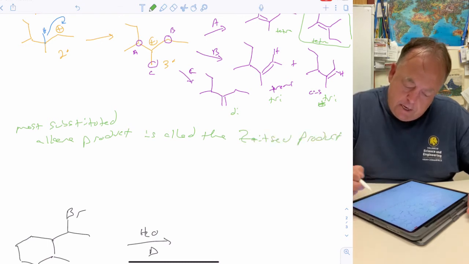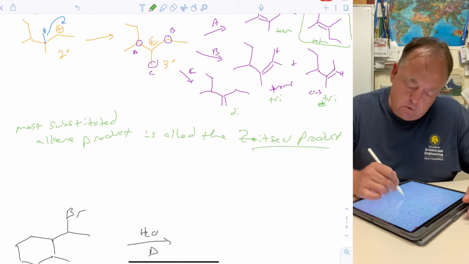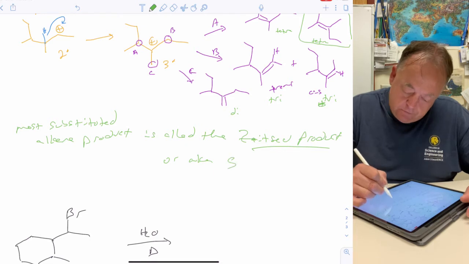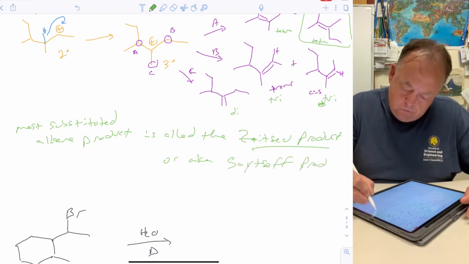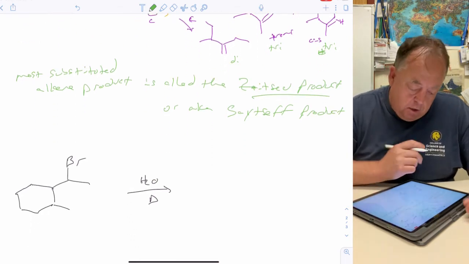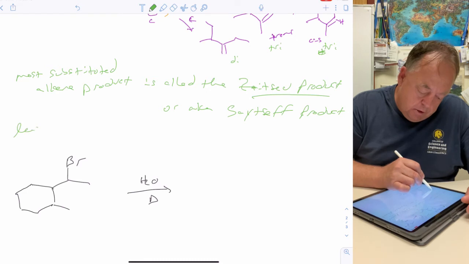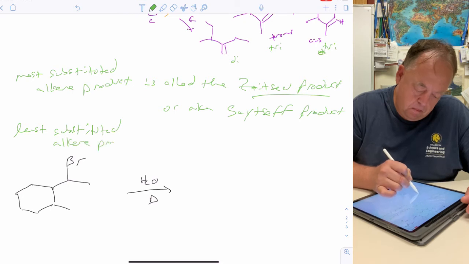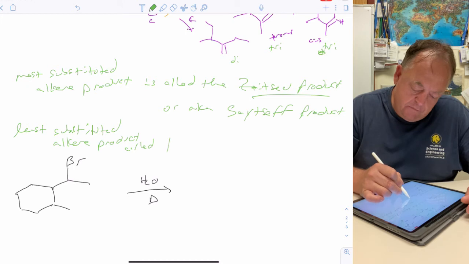So the most substituted alkene product is called the Zaitsev product, or also called, well, just spelled different. The Zaitsev product. And the least substituted alkene is called the Hofmann product.